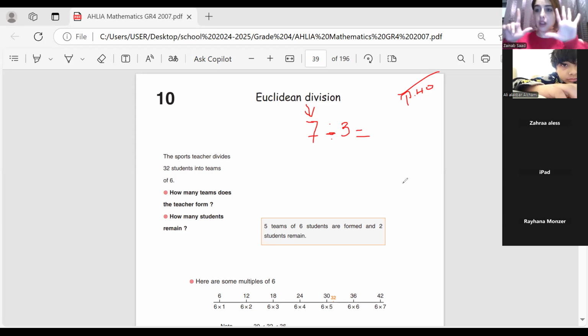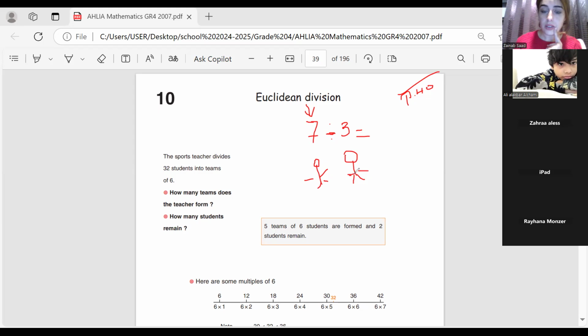If you have 7, imagine you have 7 pencils in your hands and you need to give them to 3 persons. How many pencils should everyone get? 2. Okay, so Ali said he's going to give 2. Let's consider this is the first student, this is the second student, and this is the third.